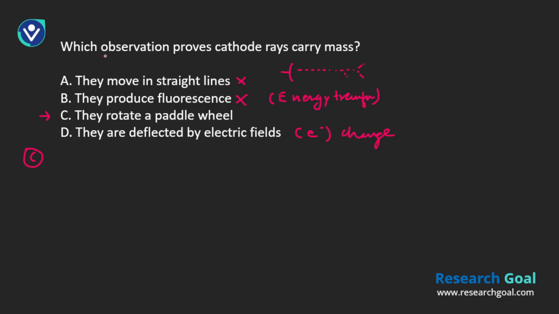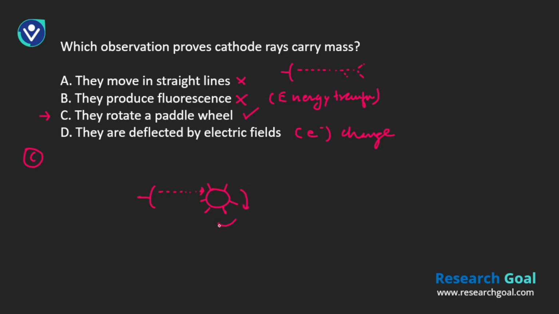If the question comes like this, which observation proves cathode rays carry charge? Probably this could be the correct one, but in this case the examiner is asking what observation proves cathode rays carry mass. So in this case option C is correct, which is they rotate a paddle wheel. If you put a paddle wheel in front of cathode rays, I'm just creating something imaginary, the cathode rays are going to strike the wheel and it's going to rotate.